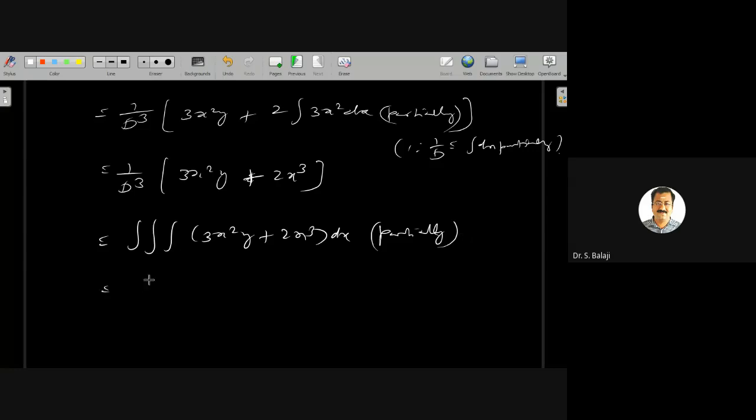1 by d stands for integration. So x cube y, and 2x power 4 by 4 or x power 4 by 2. Integrating partially again, x power 4 by 4 y and x power 5 by 10.